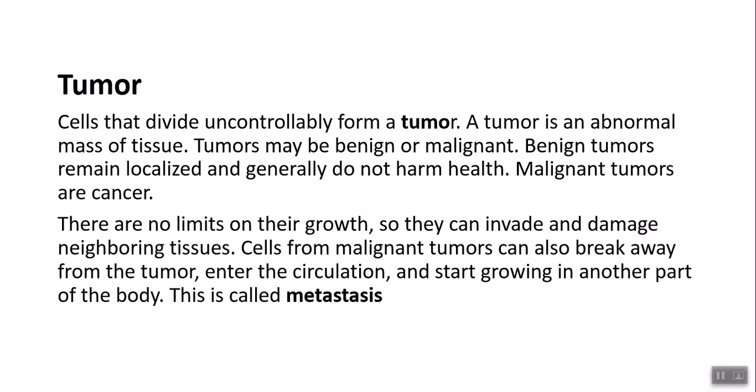tumors which grow to a certain limit, and then they detach and move through the tissue. This abnormally dividing tissue goes elsewhere and starts growing in other parts of the body, and this is called metastasis. It will continue to grow and become very big.